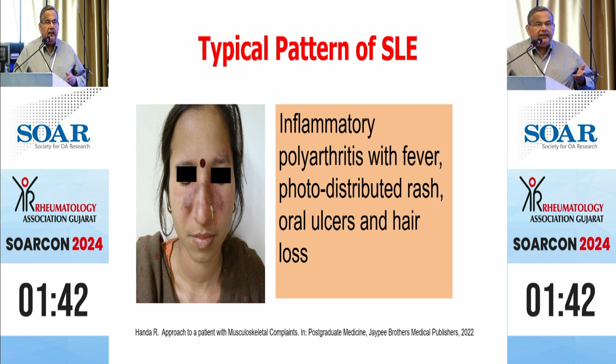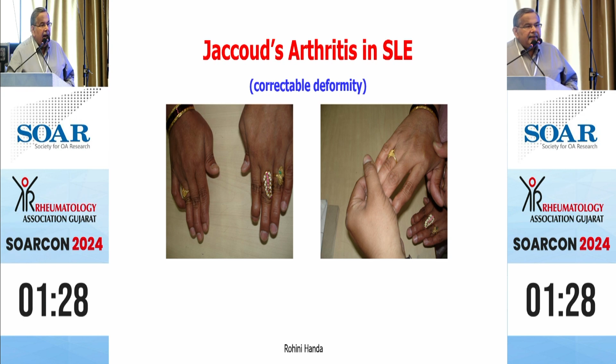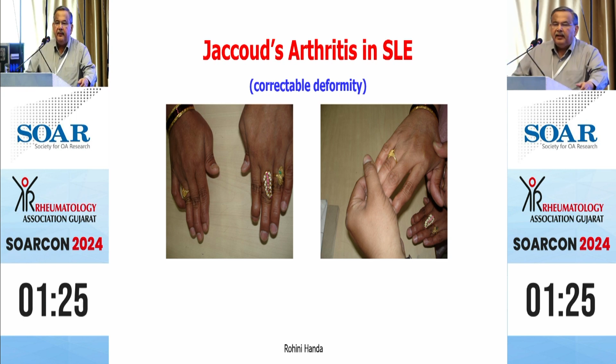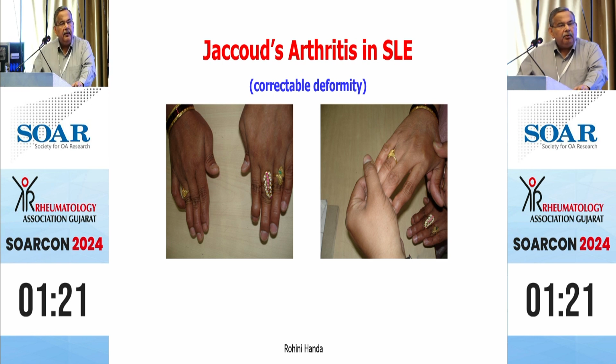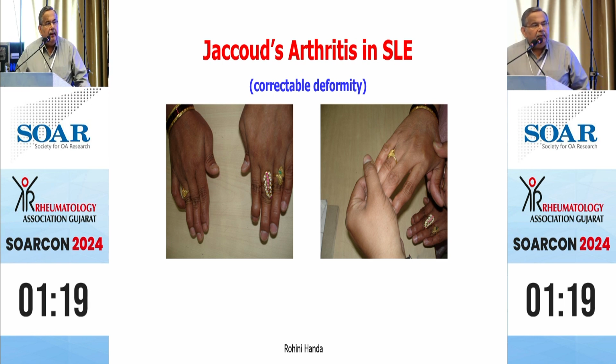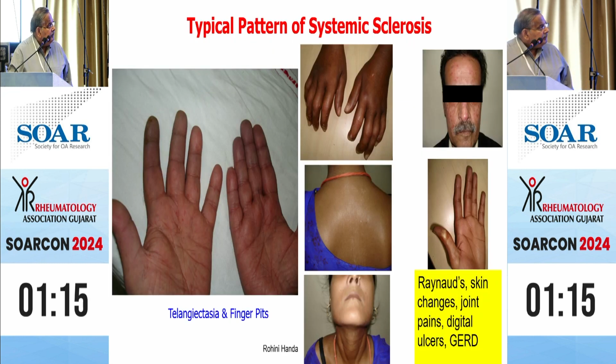Actually, the arthritis may be indistinguishable. Some of these people have rheumatoid factor positivity, a fair number, and they get a label of rheumatoid arthritis. And this is also what happens with Sjogren's. And this is the Jaccoud's arthritis, correctable deformities, and lupus today has replaced rheumatic fever as the number one cause of Jaccoud's arthritis.